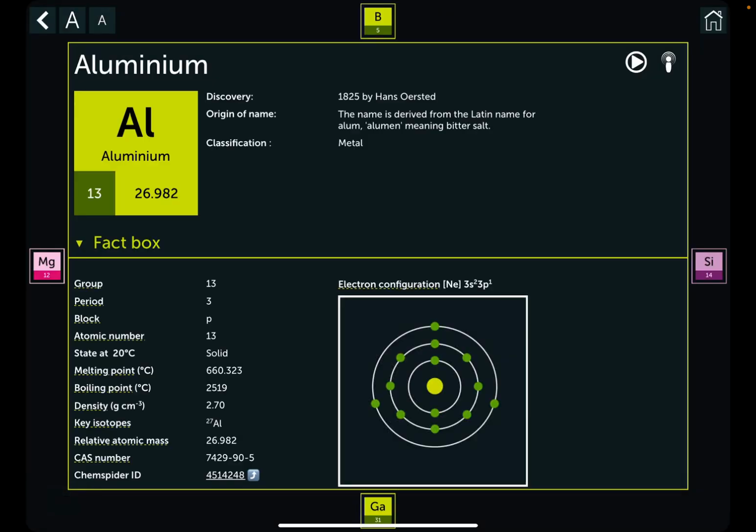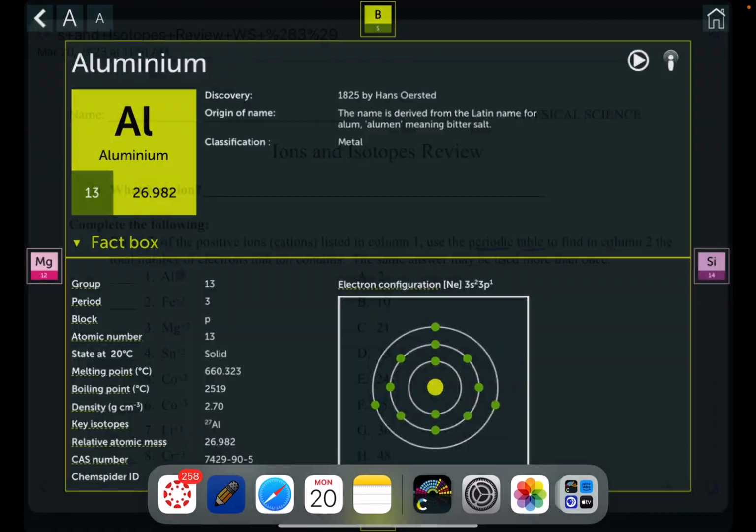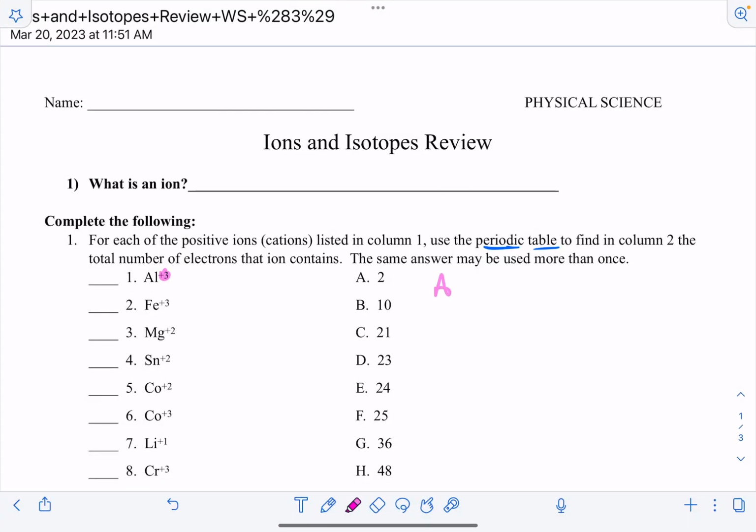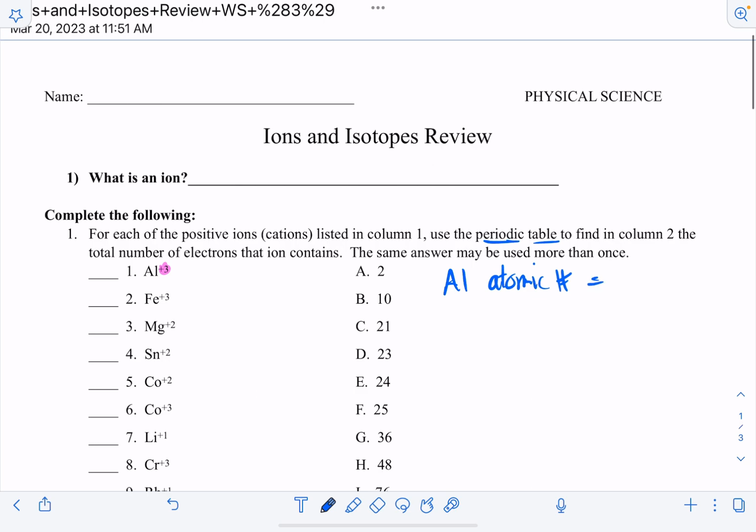And when I do, it has an atomic number of 13. Now, because it has a +3 charge, it lost 3 electrons. So now it has a total of 10. So the correct answer for this would be B.